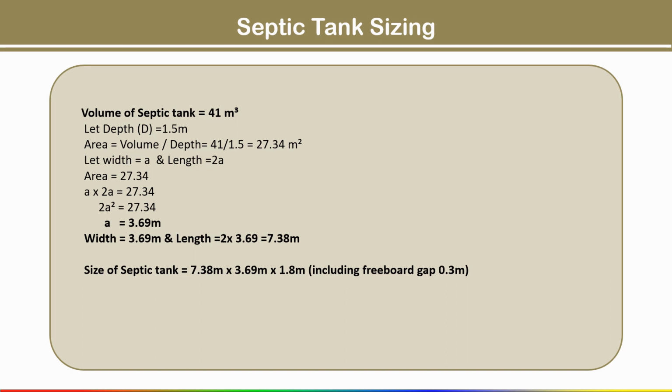Because the depth we assumed is 1.5, you have to add 0.3 meter including the freeboard gap. So this is our size of septic tank. Remember, if the length of the septic tank is more than 4 meter, we have to use a double chamber septic tank. Since length is greater than 4 meter, double chamber is used.